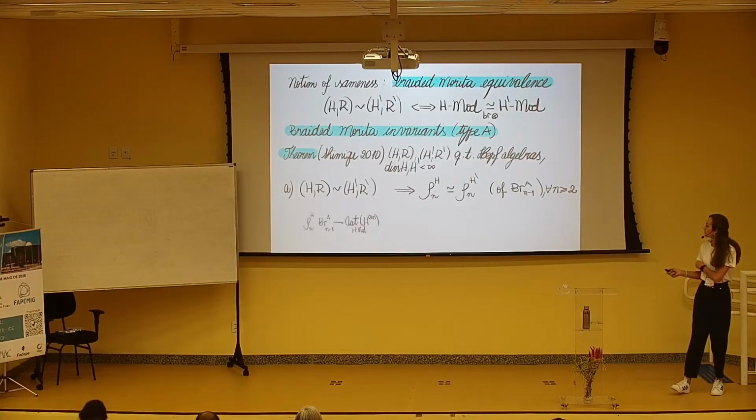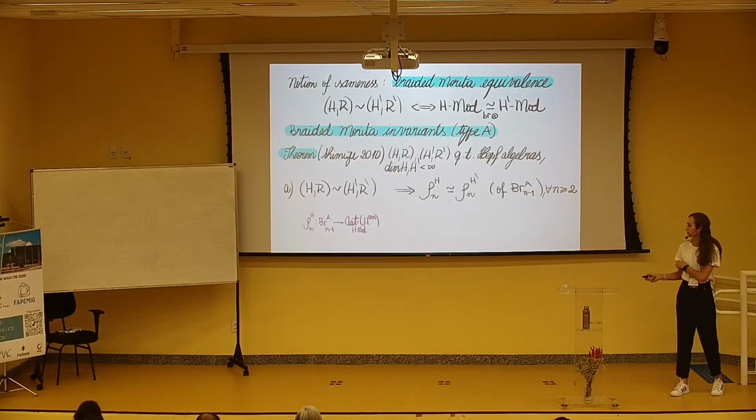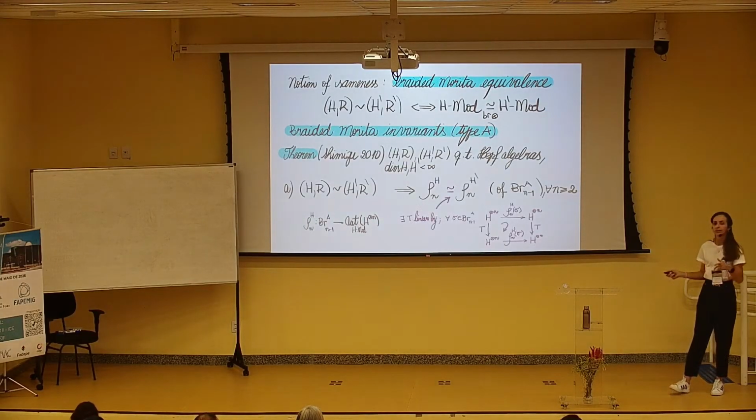Because this is just linear algebra. Remember our representation goes from the braid group of type A to automorphisms. Being equivalent means you have a linear bijection T such that, for any element of your braid group, this diagram commutes.